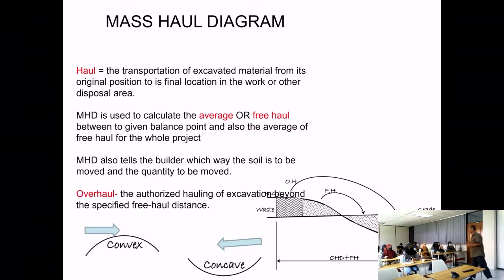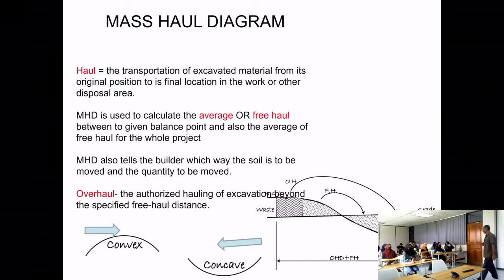And then another term is overhaul. What is overhaul? Overhaul is the authorized movement, hauling of excavation beyond the specified free haul area. Authorized means you are going to be paid for that beyond the free haul distance. The rate of payment is different from the overhaul distance.